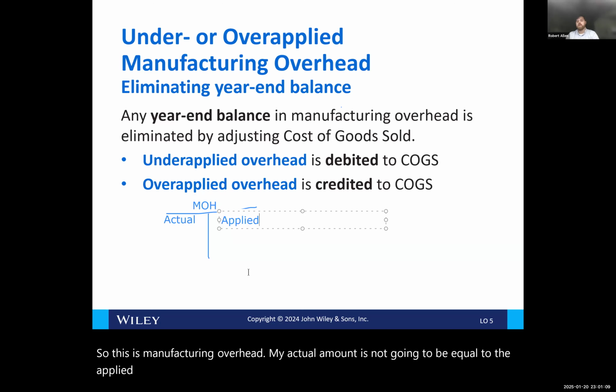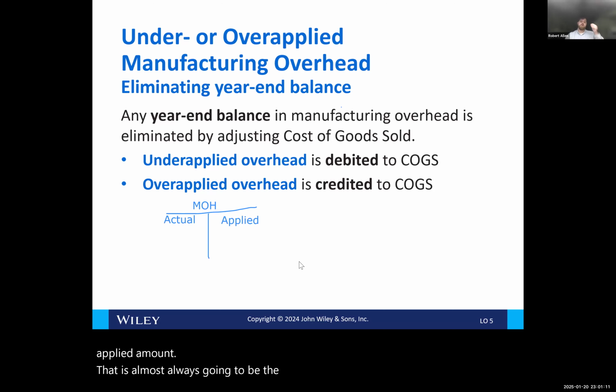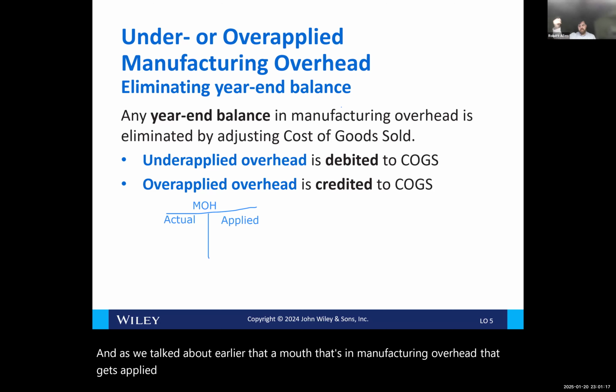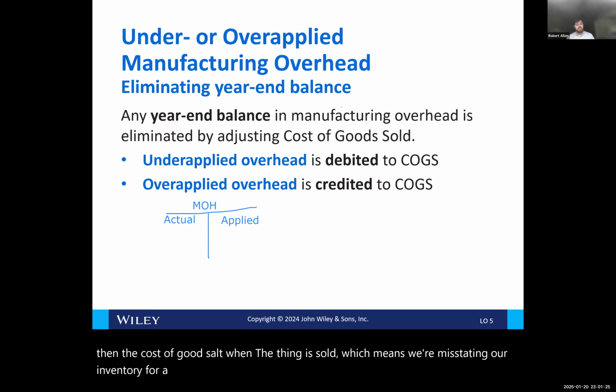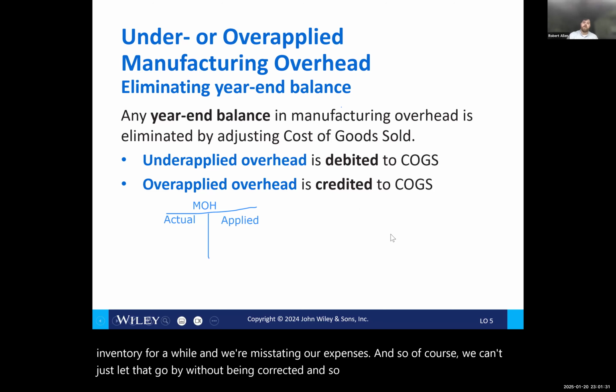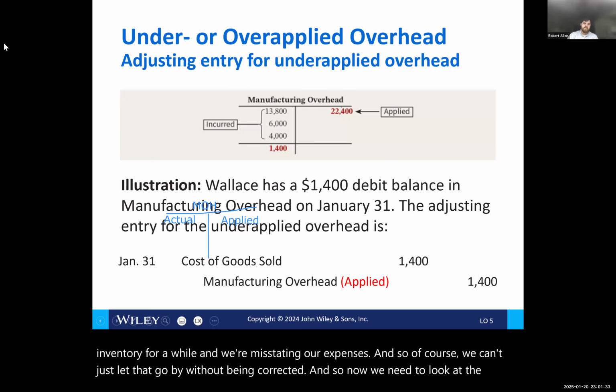That is almost always going to be the case. And as we talked about earlier, that amount in manufacturing overhead that gets applied eventually gets sent to work in process and then to finished goods and then to cost of goods sold when the thing is sold, which means we're misstating our inventory for a while and we're misstating our expenses. And so, of course, we can't just let that go by without being corrected. And so now we need to look at the correcting journal entries for how this is going to work.